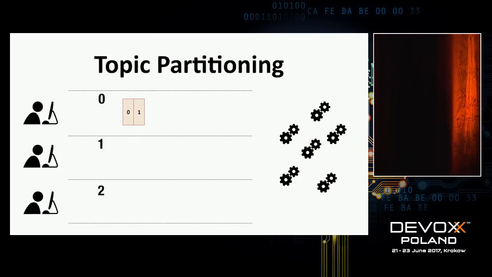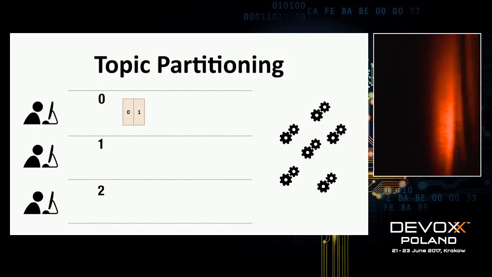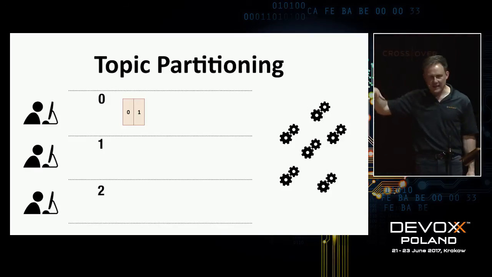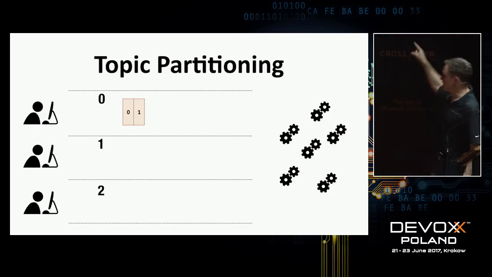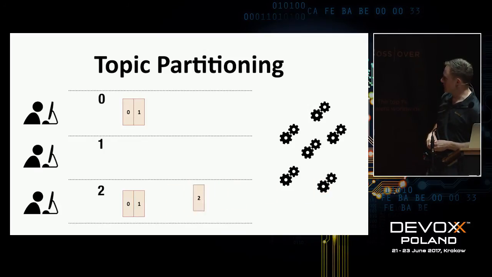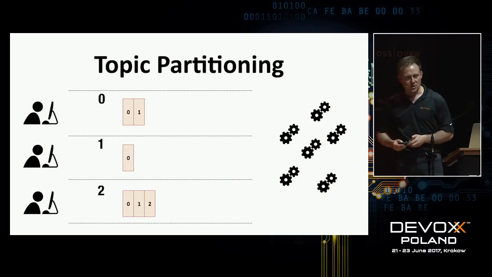Now, each message, we're going to look at some portion of the message and hash that. Like maybe look in and find an account ID or an IP address or some sensor ID or something like that, and hash that thing. And using that hash, I'll figure out which partition I write to. So different messages that get produced will get written to different partitions.